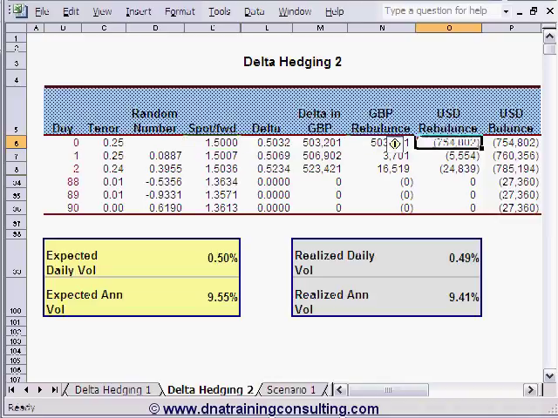Let's now move to the next day on row 7, where the simulation, because of a very small positive randomly generated number, 0.0887, has pushed the spot up just a little bit to 1.5007, and remember, with it the forward as well.